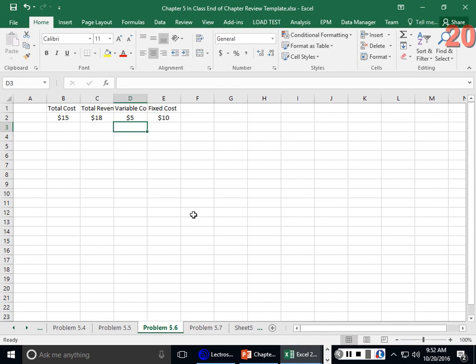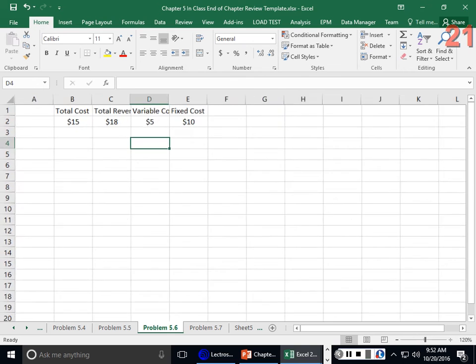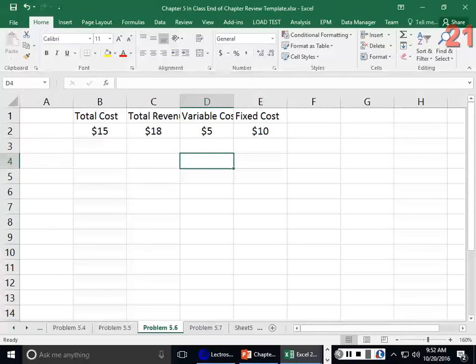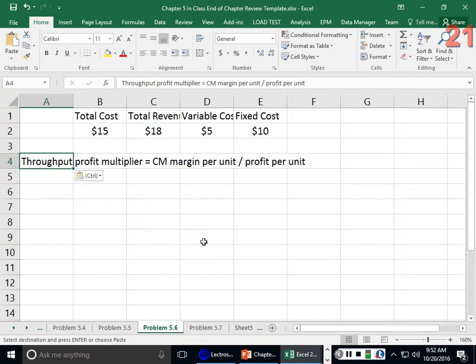Okay. All right, and then it says, so what is the throughput profit multiplier? And I'll go ahead and increase this a little bit because I don't think we're going to need all the space, right? I'll just copy over from the text. Our throughput profit multiplier equation says we want to take our contribution margin per unit divided by our profit per unit.